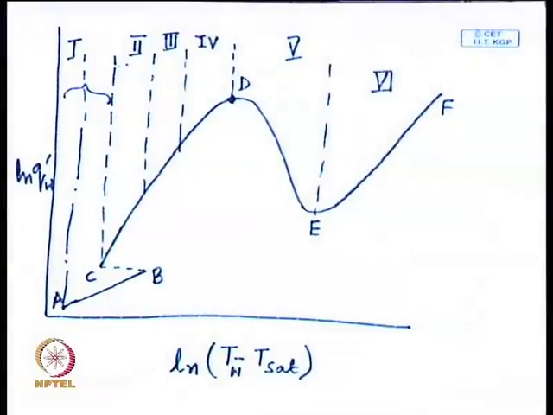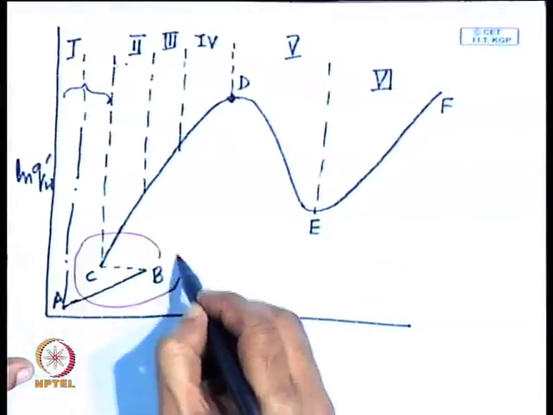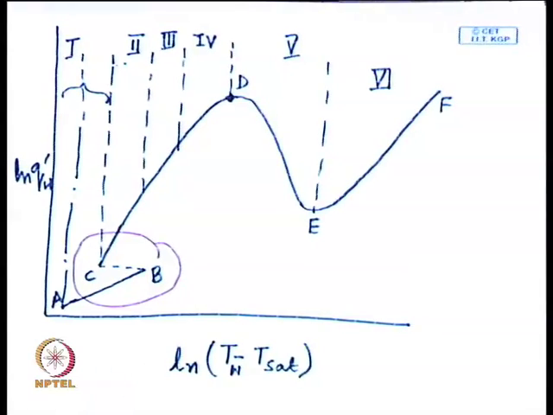Then a very interesting thing we can see in this particular region. A to B gives the natural convection heat transfer, but from B to C I have joined it by a dotted line. So, what is this?